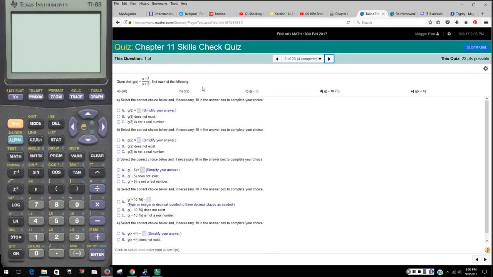So in the second question, what we have is given that g of x is equal to x minus 2 over x plus 5. We're going to find each of the following.